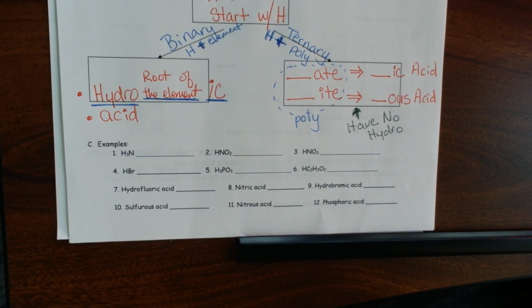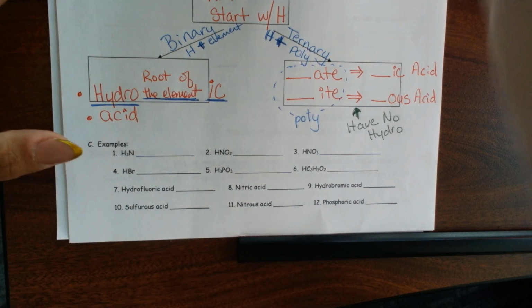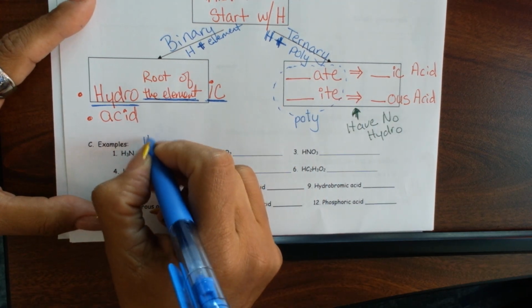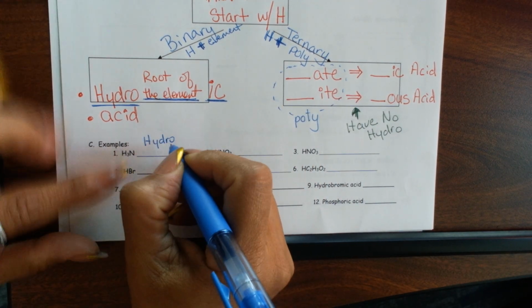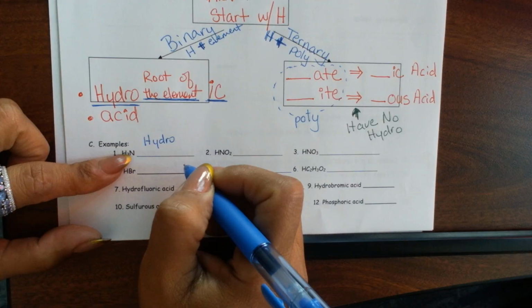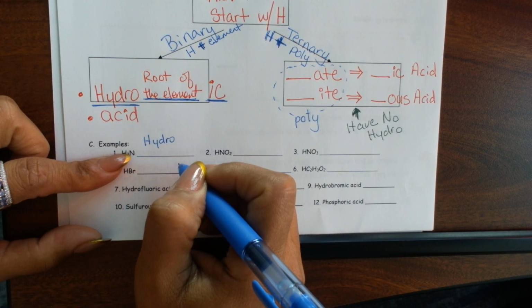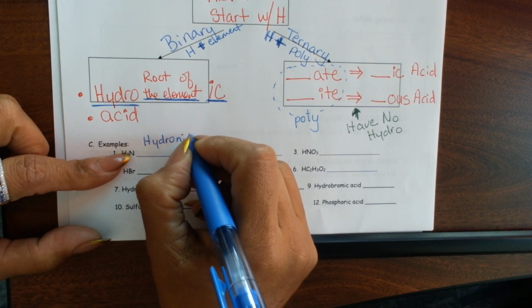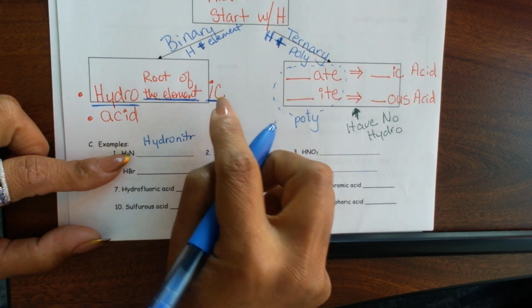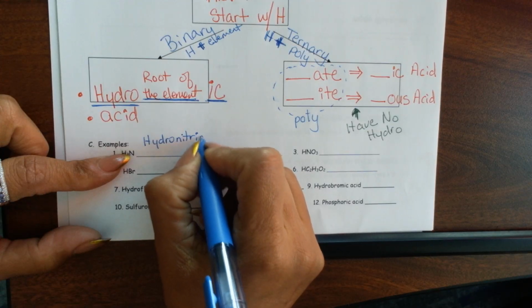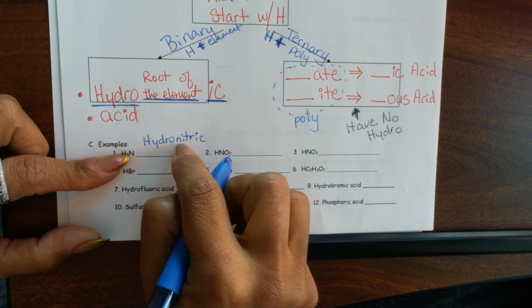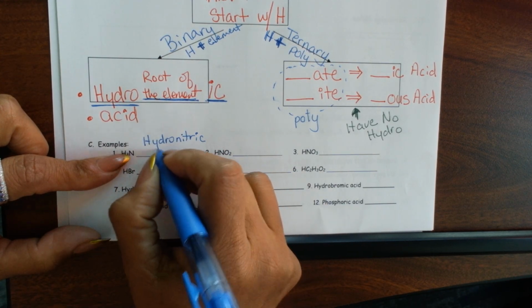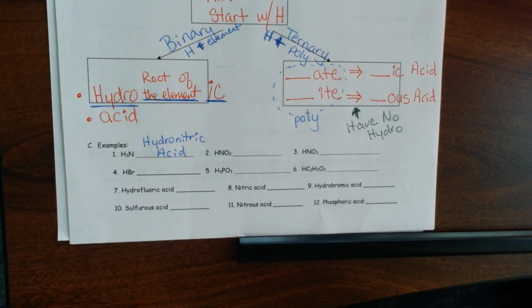Okay, so the binary, I'm going to first start off with the hydro. I'm going to look at the element. It is nitrogen, so I'm going to go with the root, nit, and I ended in an ic, hydronitric acid, yes. It just takes practice. It's a little weird.